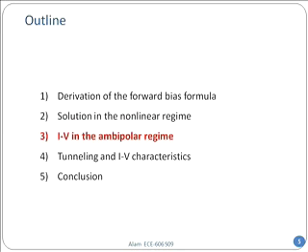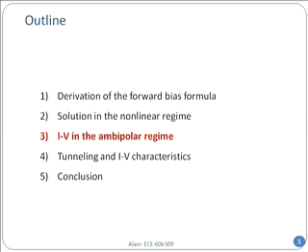Now, what happens if you have a slightly more complicated situation? This is called an ambipolar regime. Here, the carrier concentrations are so high that the minority carrier assumption is completely gone. It's no longer true. So I want to consider that very extreme case, and we'll talk about ambipolar transport.